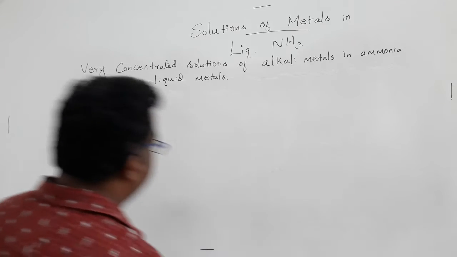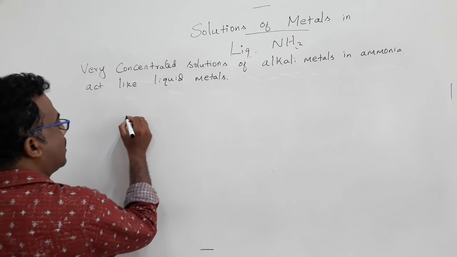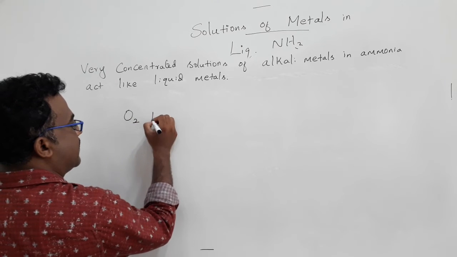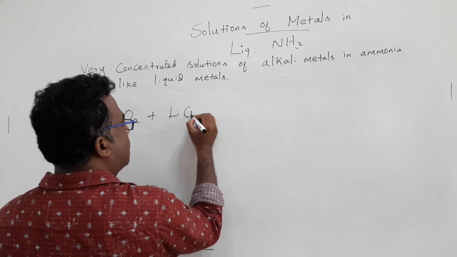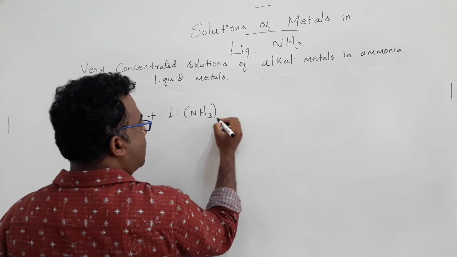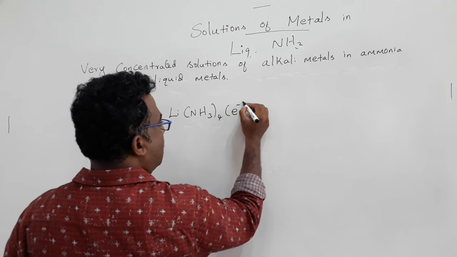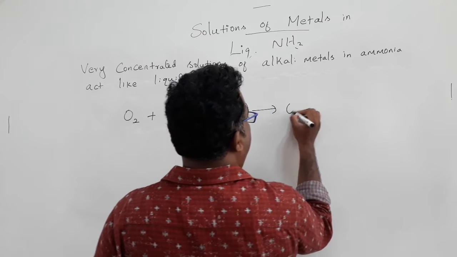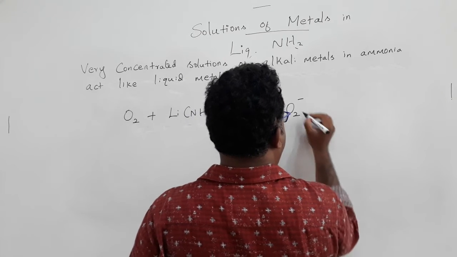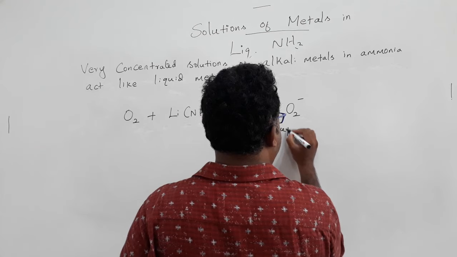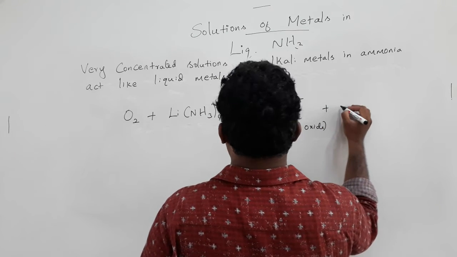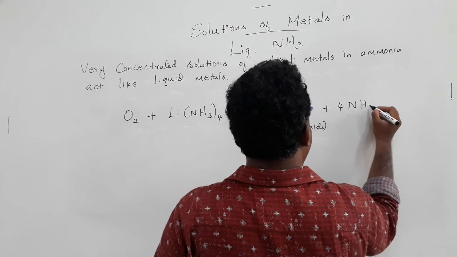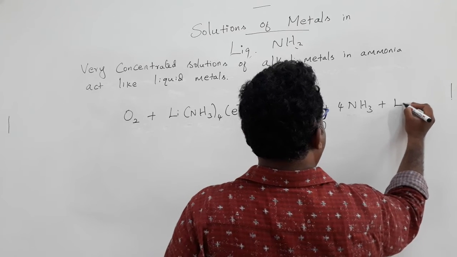Let us take an example of reacting oxygen with lithium ammoniate. What will happen? It can give O2 minus, superoxide, plus four ammonia molecules plus lithium.